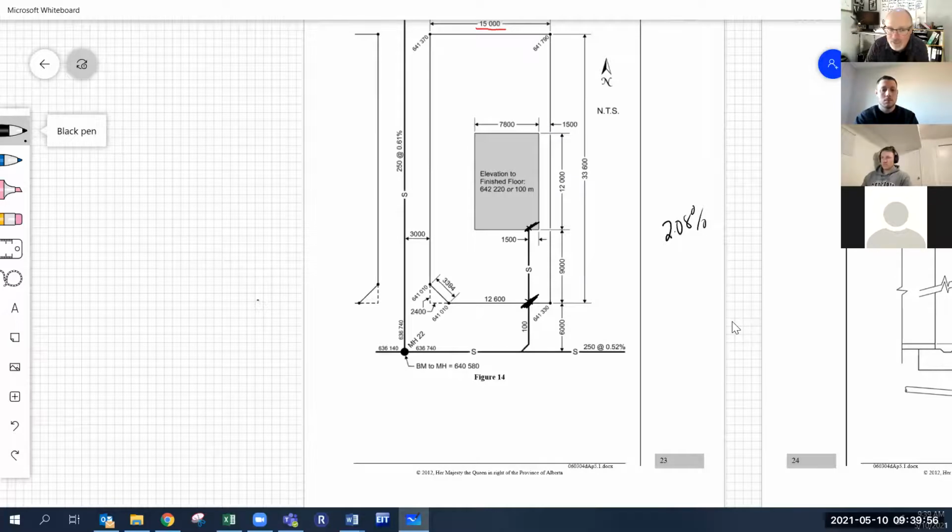And then the city will come by and hook you up. So you're going to have to dig that deep. So how deep is that going to be?